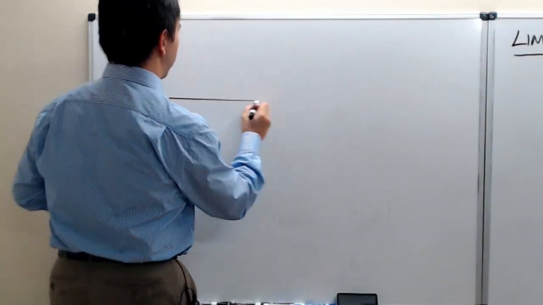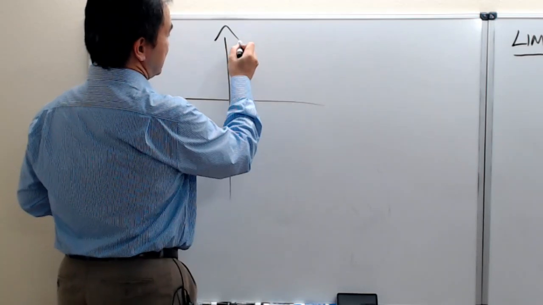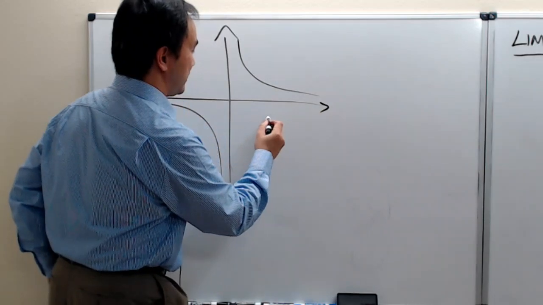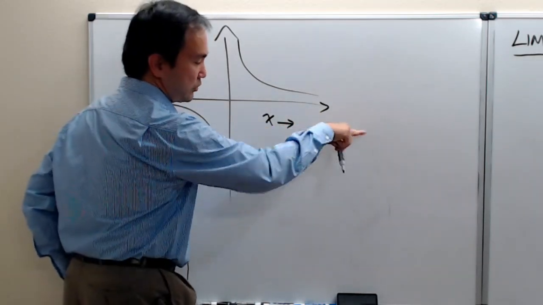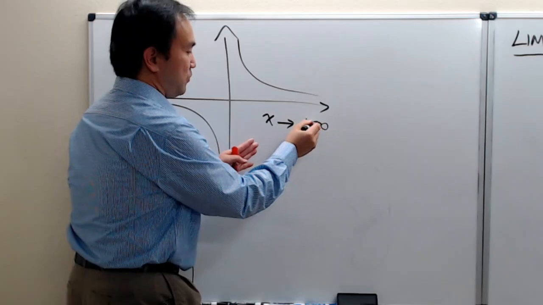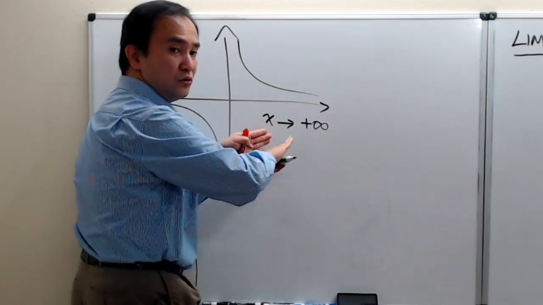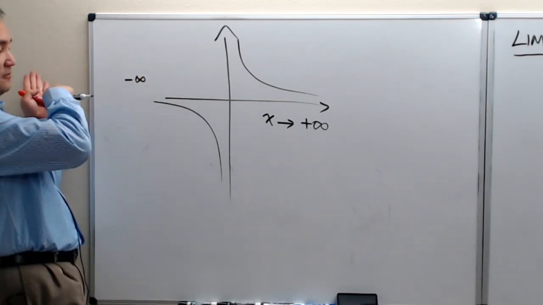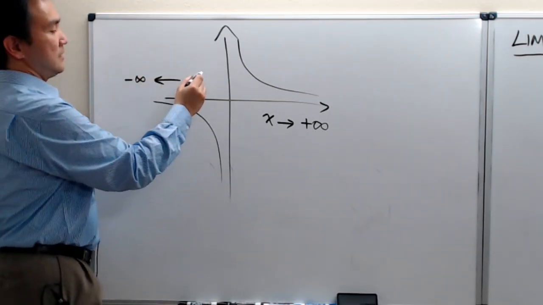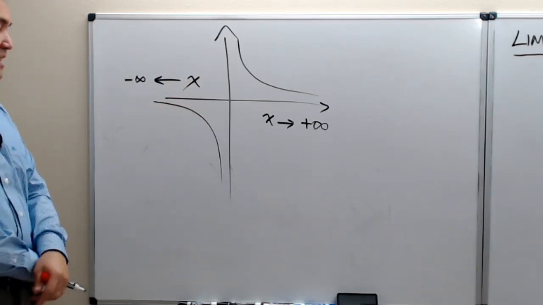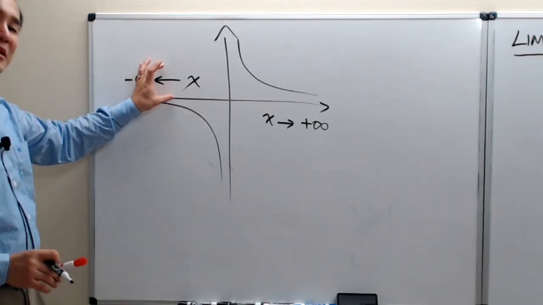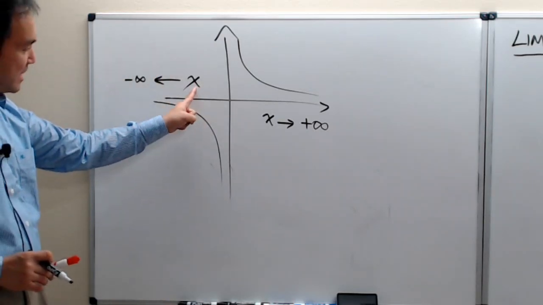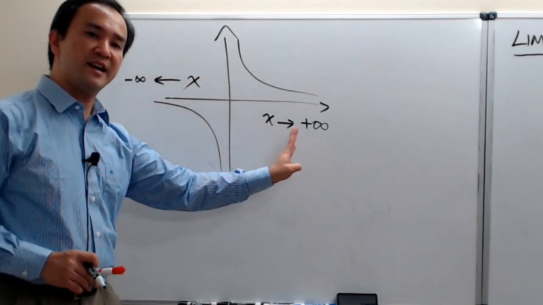The 1 over x function is this famous hyperbola, two pieces of hyperbolas, okay? But we did a problem where we're looking at x getting to positive infinity. See, x was heading out to the right end again. And same way, negative infinity is way back this way to the left, and we were letting x head back to negative infinity. Now, yes, I do admit I'm using a little bit weird symbol, pretty out of the ordinary right here, but I purposely want to graphically show that we want to head out to the left end, or here we want to head out to the right end.